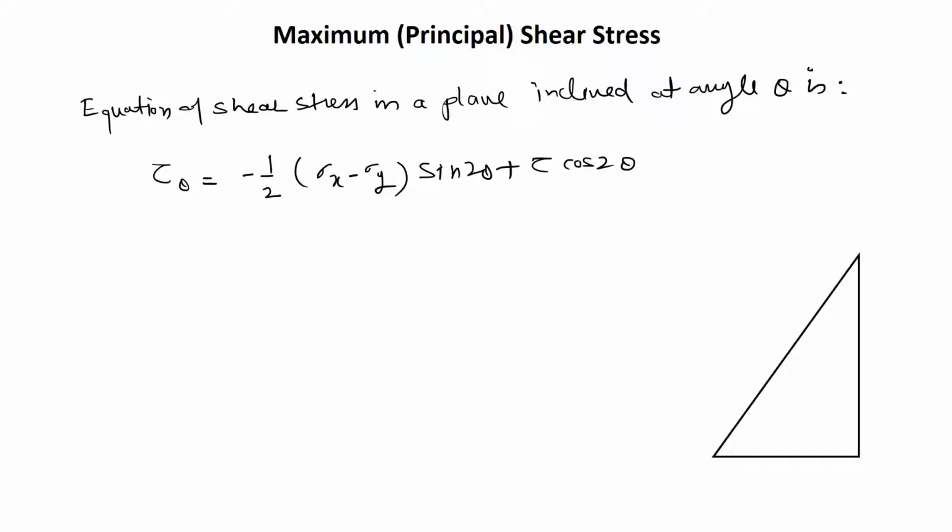To find the maximum value of tau theta, differentiate it with respect to theta and equate to 0.